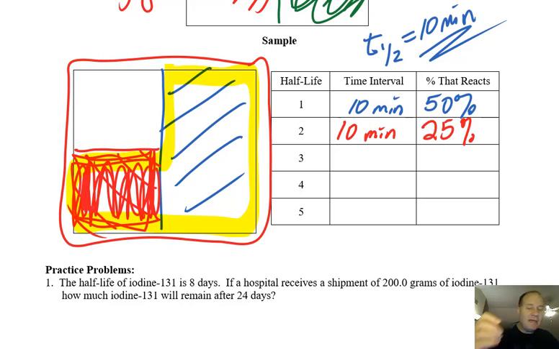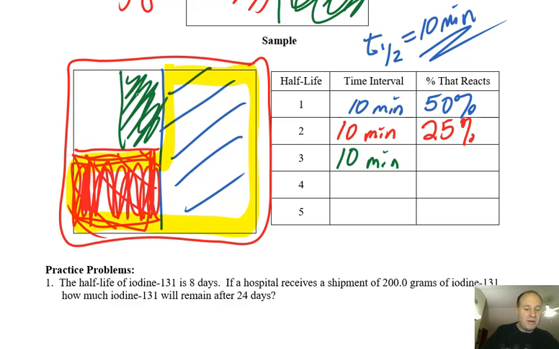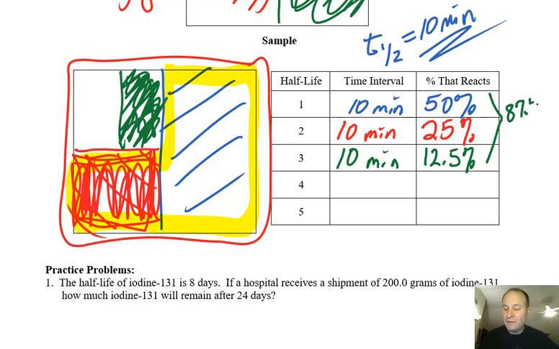Let's continue. I think you see the pattern. Another 10 minutes pass, and that takes away half of what's left over. So 12.5% has reacted in that 10-minute time. After 30 minutes, 10 plus 10 plus 10, a total of 87.5% has reacted and gone away. We're left with only 12.5%.